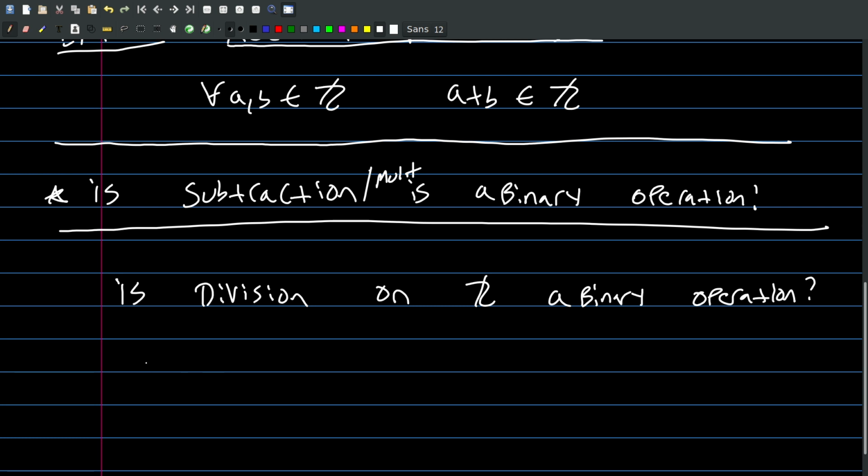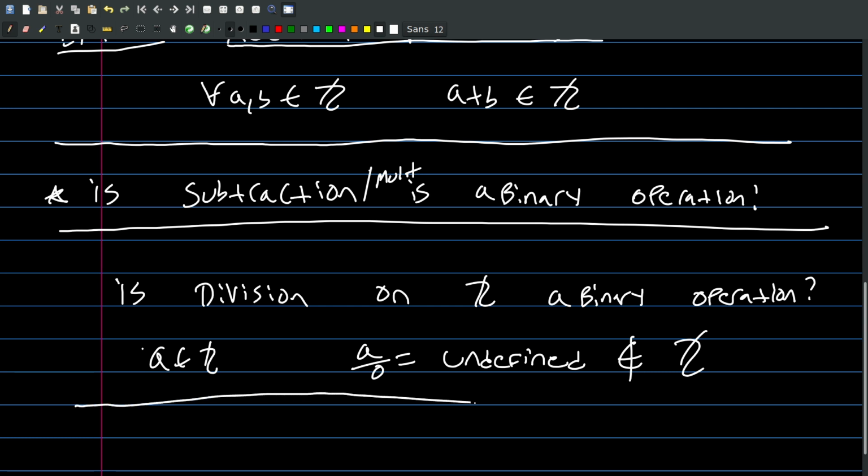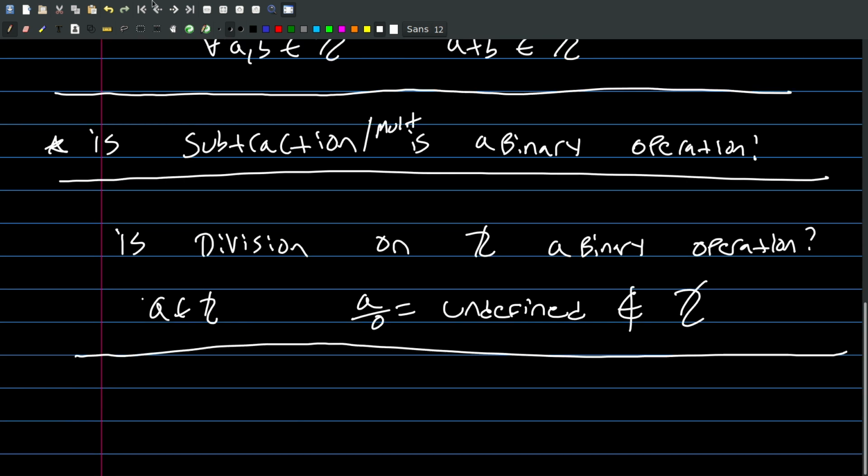So if we grab an integer and we divide by 0, it's undefined. And it's not the case that it's in the integers. So it's not a binary operation. That's where it fails. Okay.